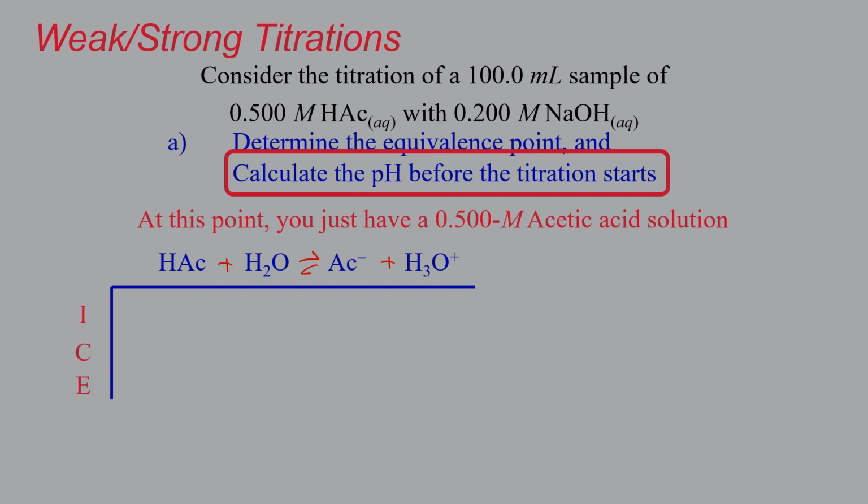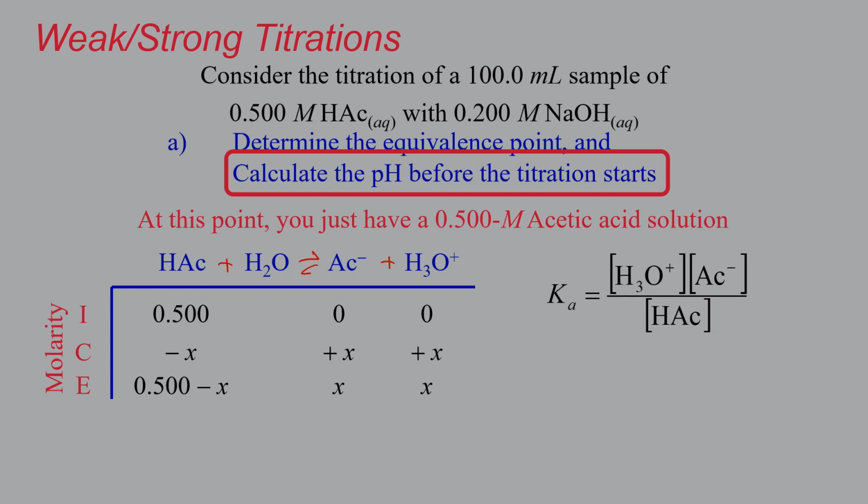So just make up your standard ICE table. This is in molarity, so we have half molar acetic acid, none of the acetate and the hydronium, which means we'll lose some of the acetic acid to create some acetate and some hydronium, giving us these symbolic concentrations at the end. And from there on in, it is simply algebra.